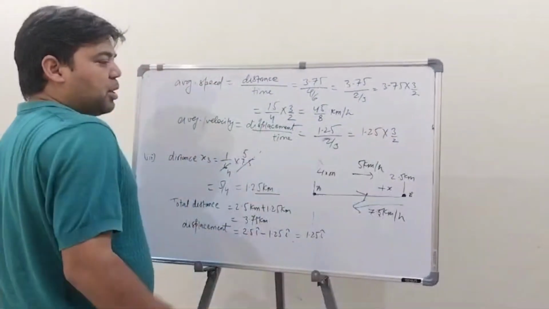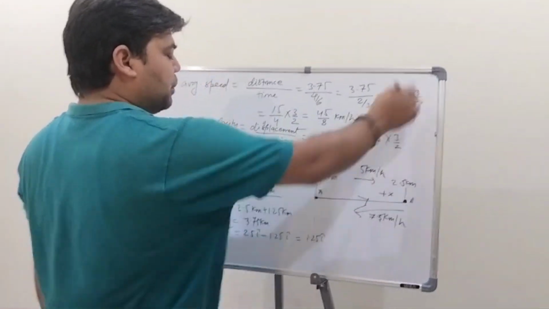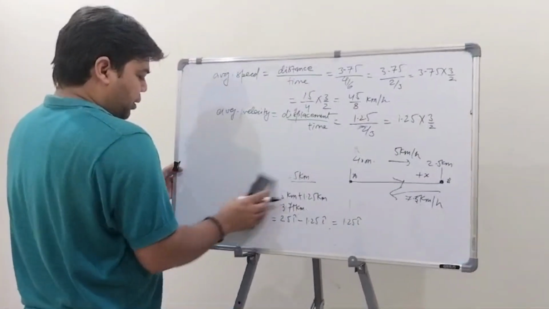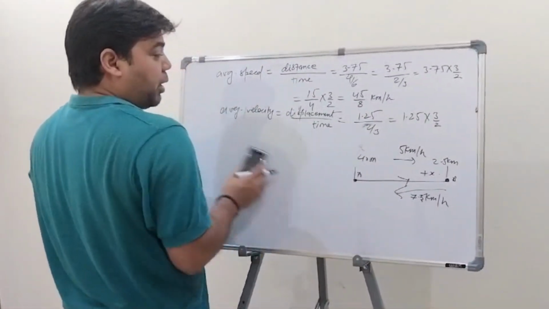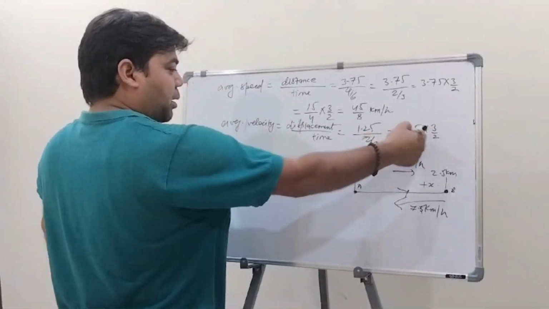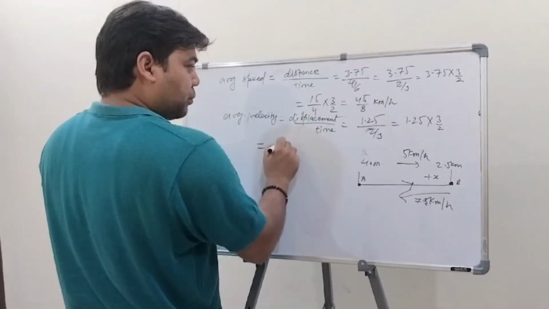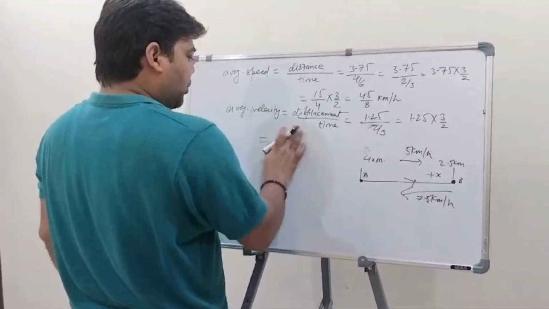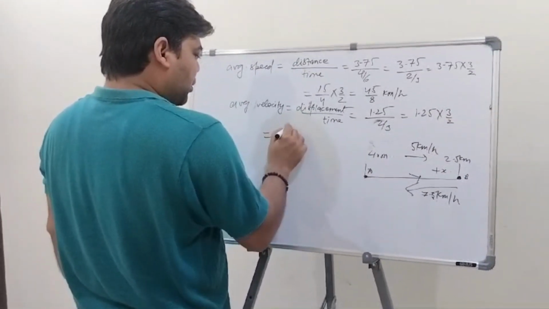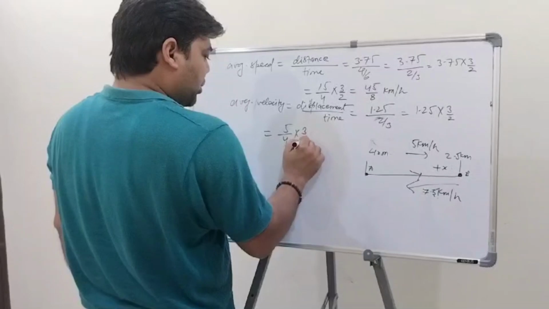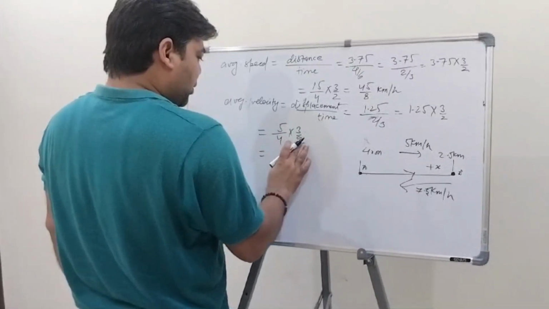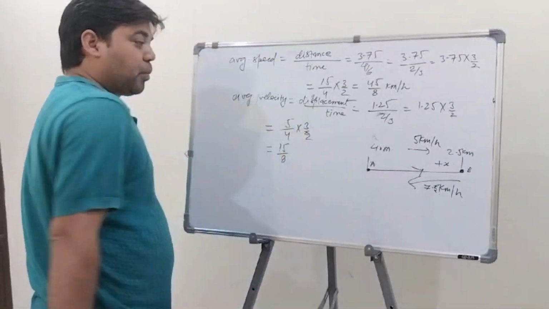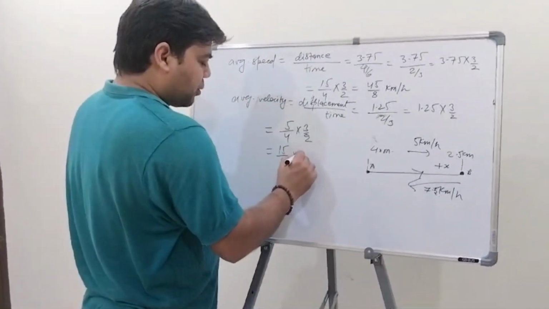So 1.25 is nothing but 5 by 4. Simplify it, and it is 5 by 4 multiplied by 3 by 2, giving you 15 by 8. So this is kilometer per hour.